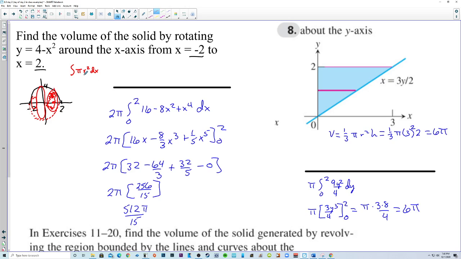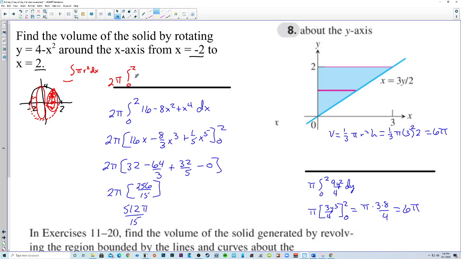Well, this variable's r. We want this to be x. But the radius of this circle goes from the x-axis to the curve. So let's pull the pi out. Now we can go from 0 to 2 instead of -2 to 2 and just double this, because this parabola is symmetric over the y-axis. It's an even function.